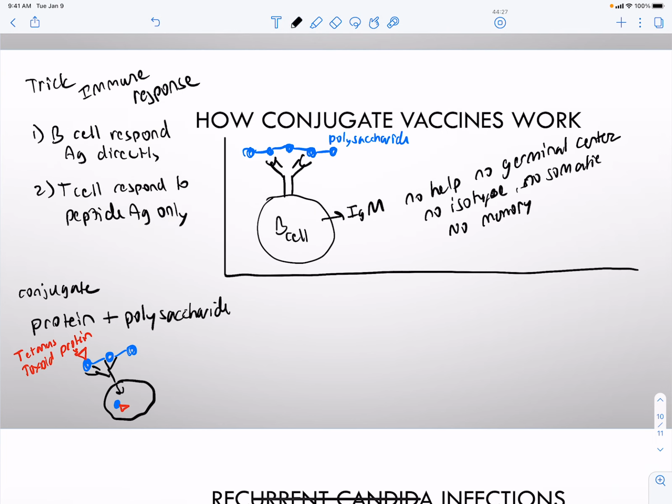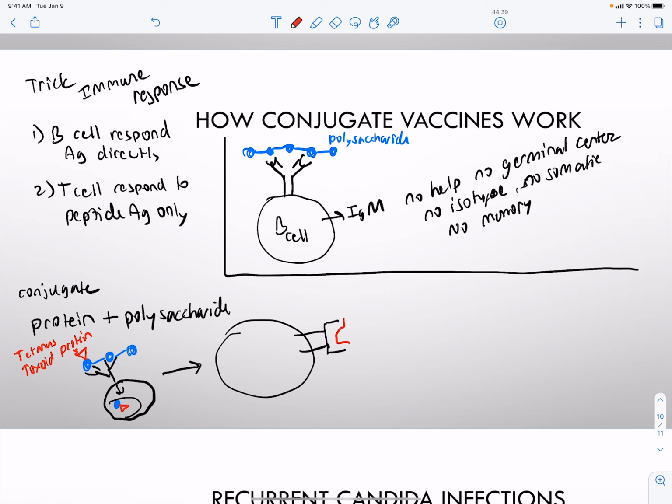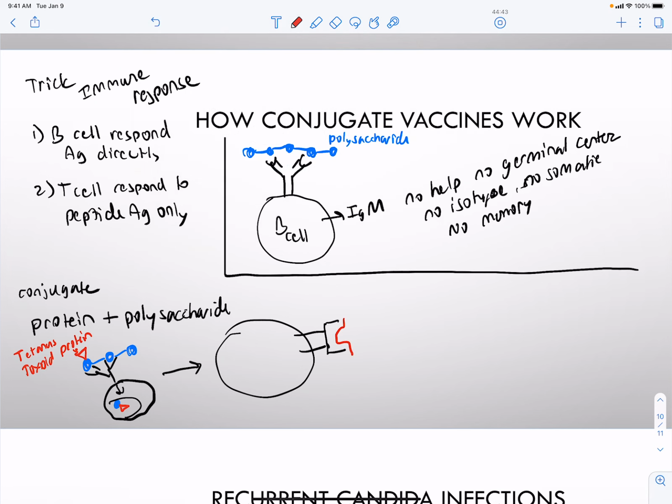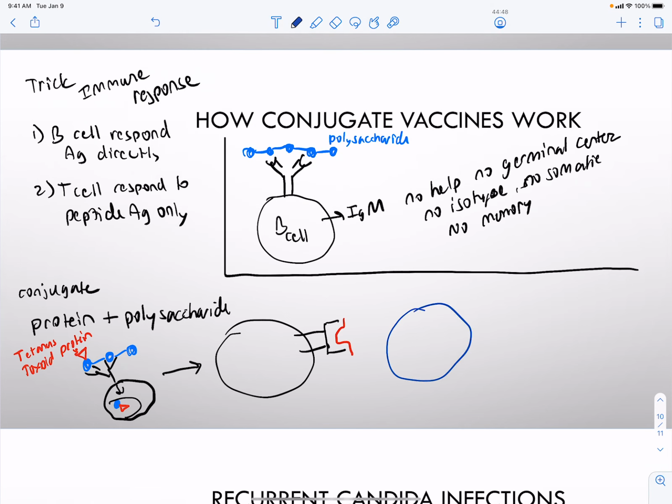And so on its cell surface, the B cell will express MHC class 2 for the protein, and then a CD4 T cell that is specific for this protein, the tetanus toxin, for example, will bind and give help.